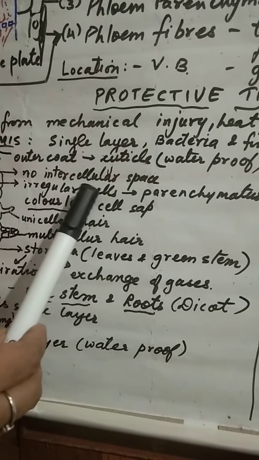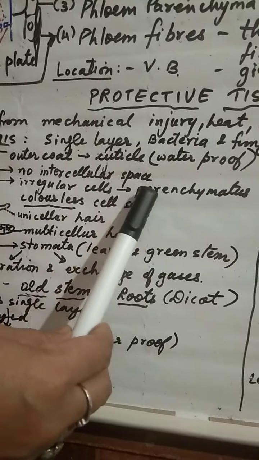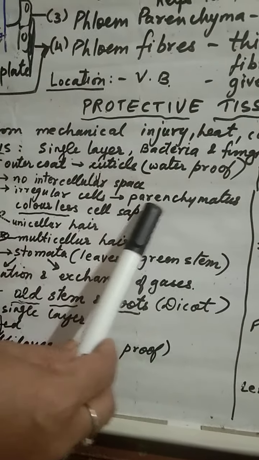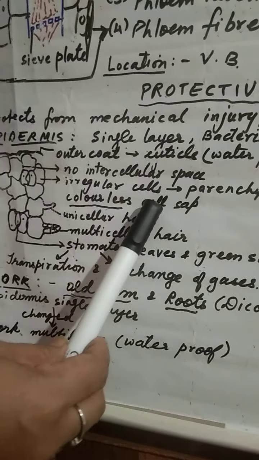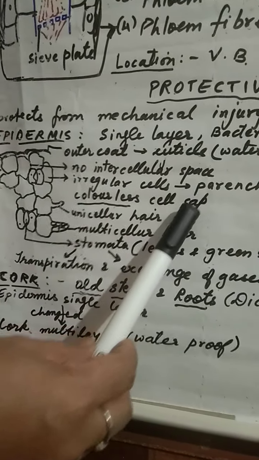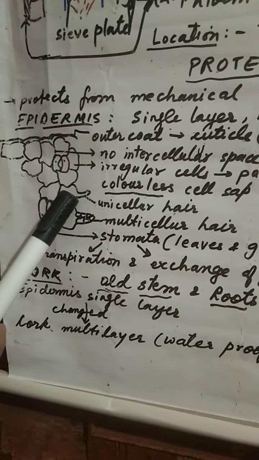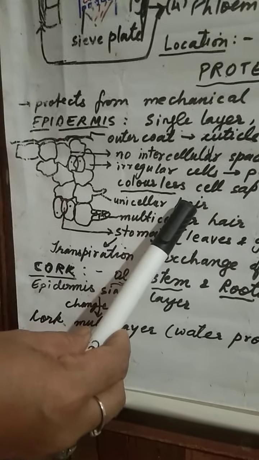They may be irregularly arranged to fix or cover the plant body. So generally they are parenchymatous cells. Colorless, the cell sap has no color, so they do not give any color there. If you see outside the epidermis, some unicellular hairs are seen.